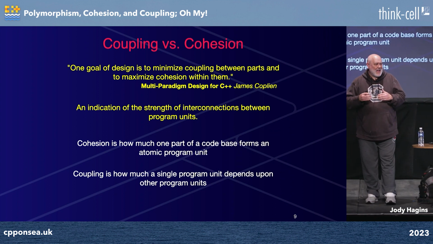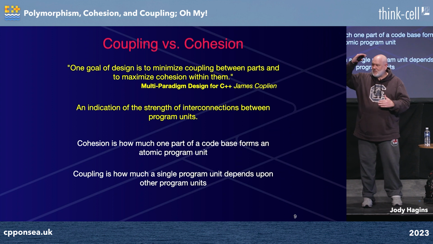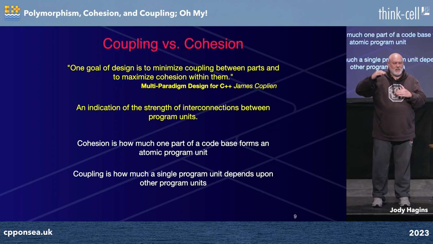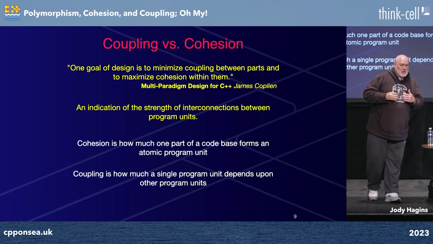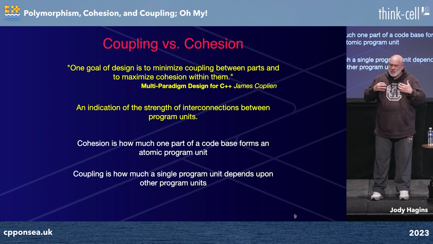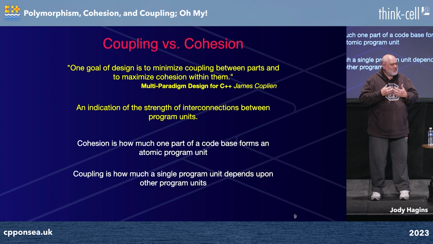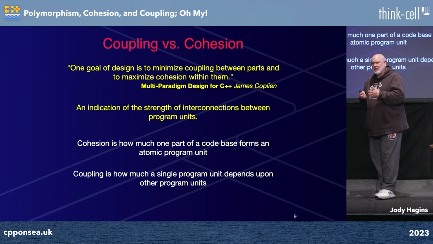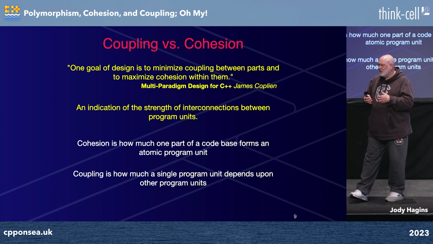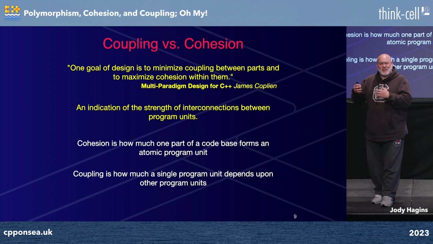Why do we not want to have functions that are 5,000 lines long or 500 lines long? Or maybe even 50 lines long. Functions, the idea of cohesion is that something has one task and it does that one task. This is different from the single responsibility principle for classes, because a class doesn't necessarily just do one thing.